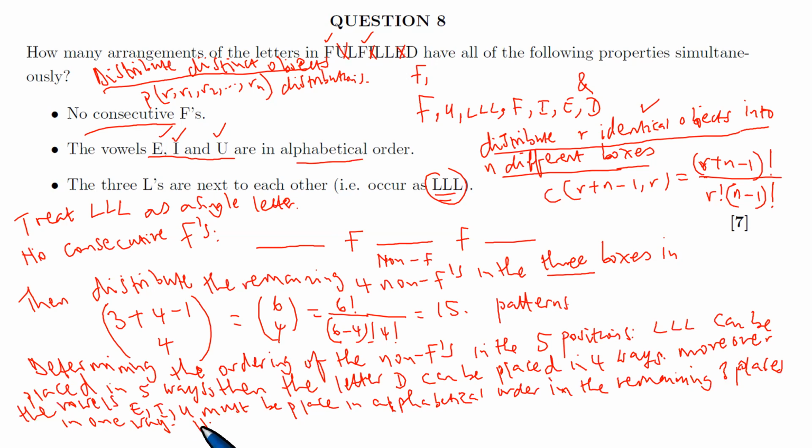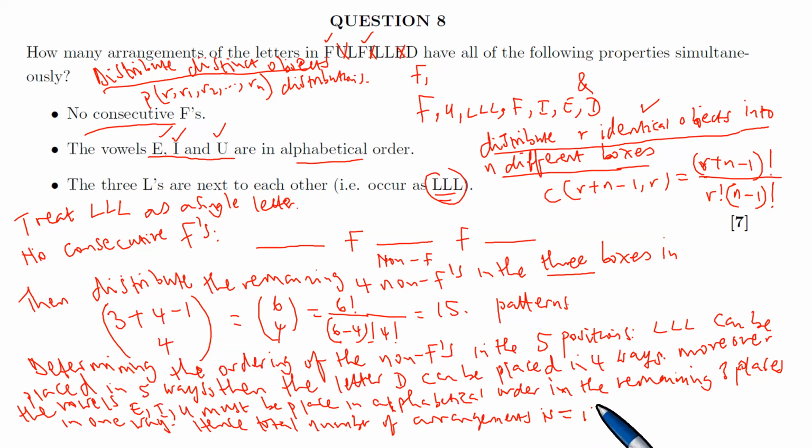Hence the total number of arrangements is equal to, right, we got 15 ways here.